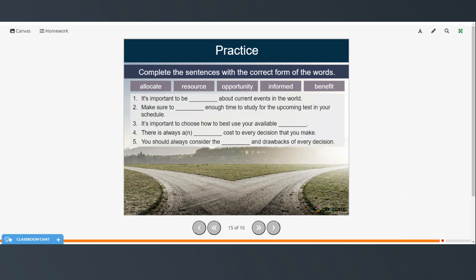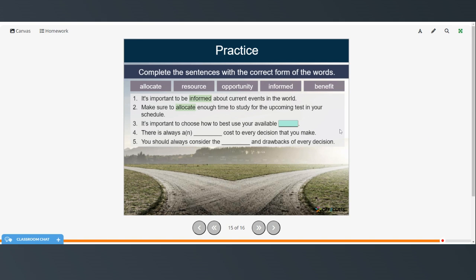All right, so now we're going to practice more to complete the sentences with the correct form of the words. It is important to be informed about current events in the world. Make sure to allocate enough time to study for the upcoming tests in your schedule.